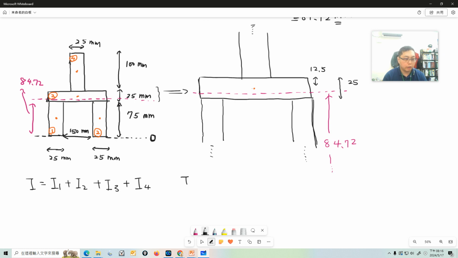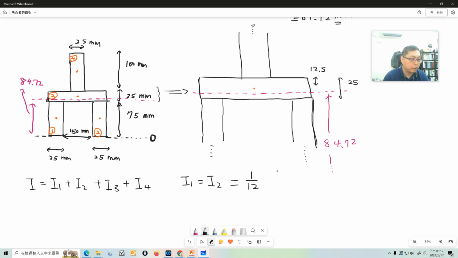So I1, yeah, the pen does not respond very well again. I1 is equal to I2. Right now our neutral axis is here, and the neutral axis is horizontal. So it's 1/12 b h cubed.